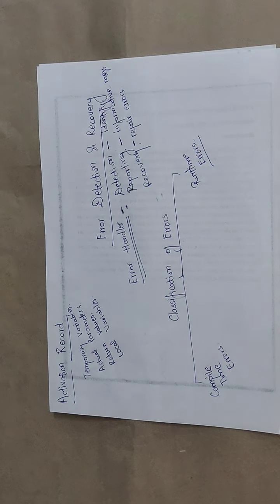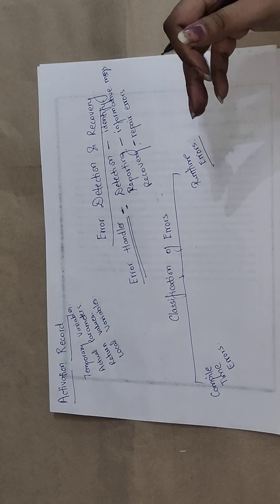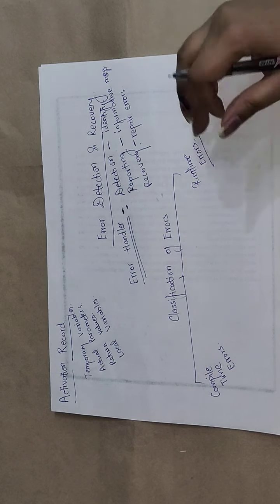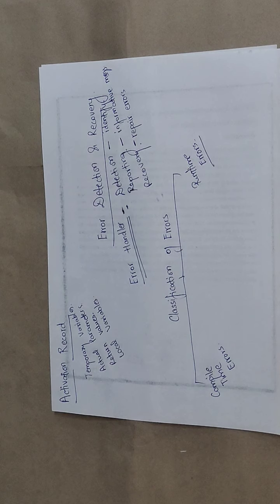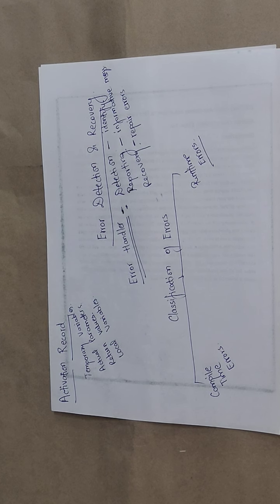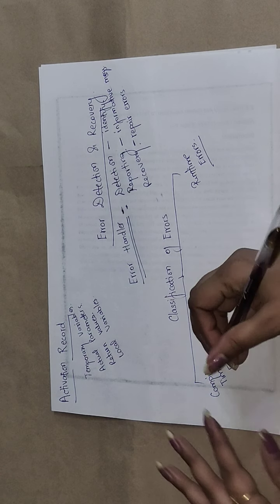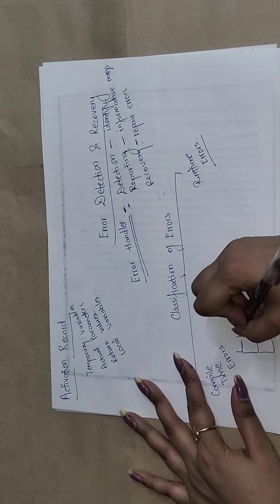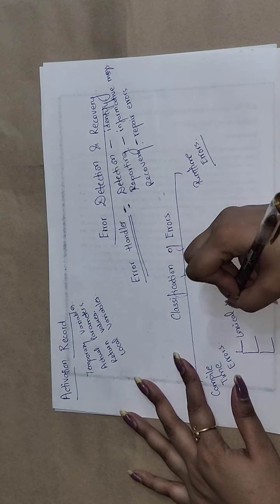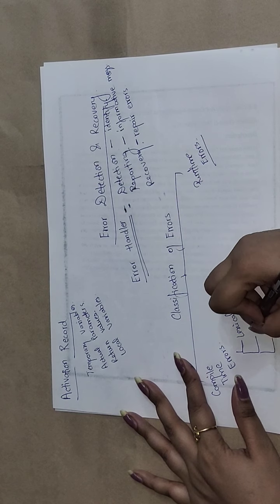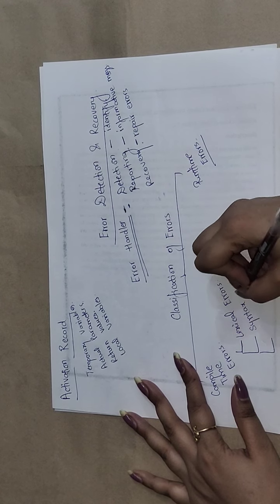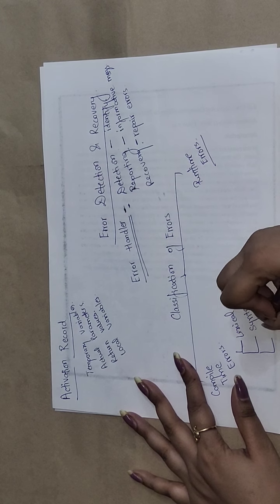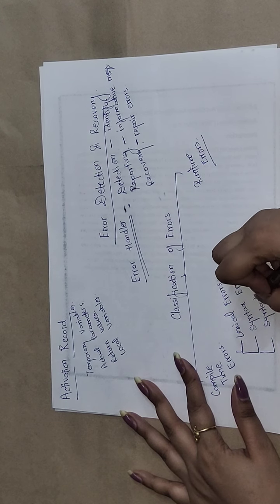The errors that are produced at the time of execution are known as runtime errors, and the errors that are generated or that are identified and reported to the user at the time of compilation are known as compile time errors. These compile time errors are divided into three types. One is lexical errors, then syntax errors, and the last is syntactic errors.